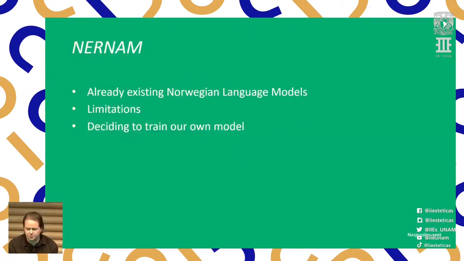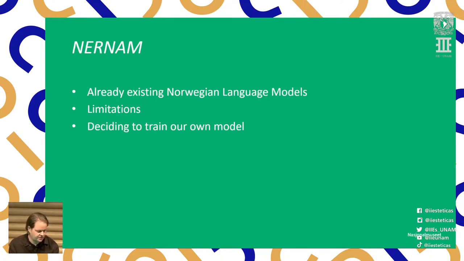So NERNAM is our name for the named entity recognition model that we started developing. We didn't start it from scratch, but we continued on work that was done already.